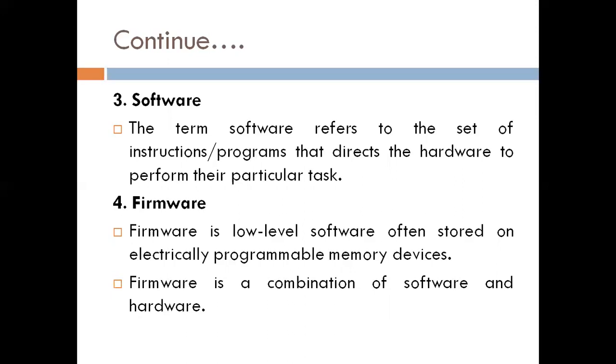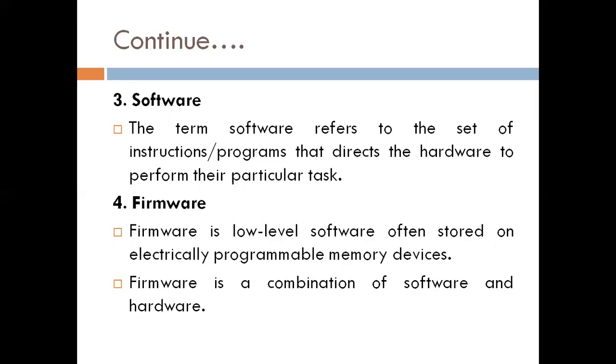First, application software, and second, system software. Application software includes applications like calculator, MS Word, PowerPoint, Excel, Notepad, or any other application like library management system, bank reservation system, etc.